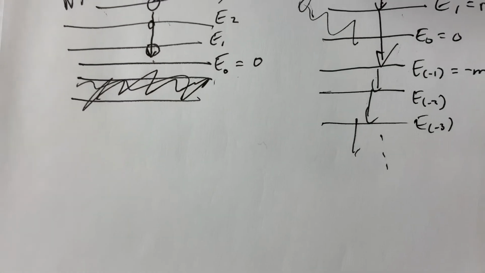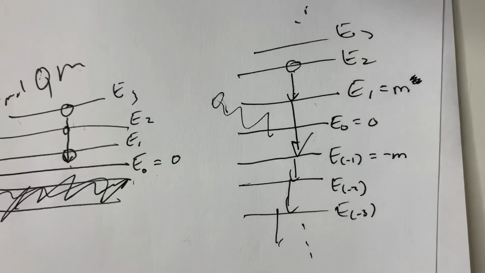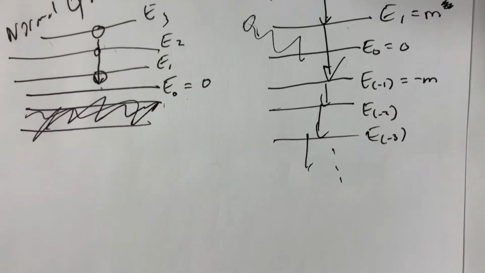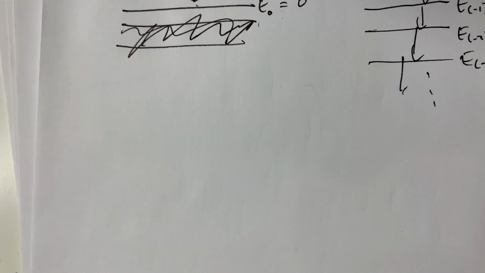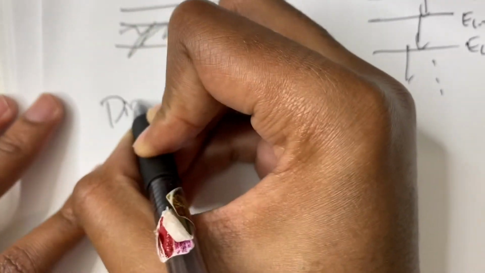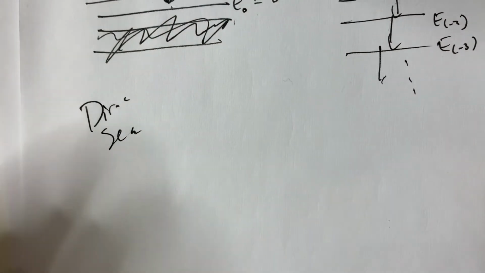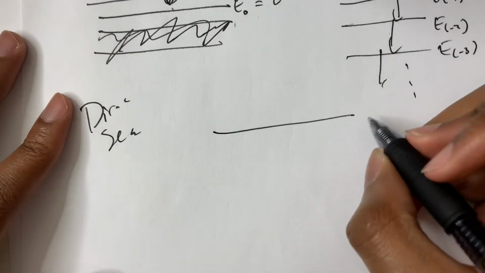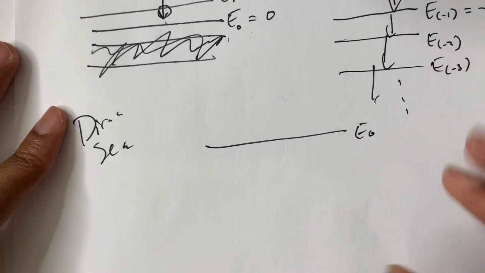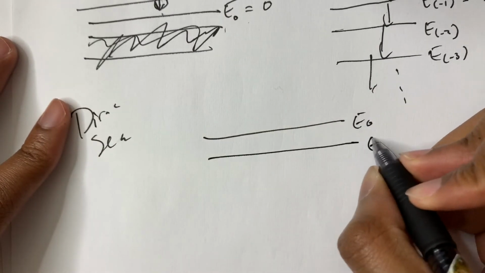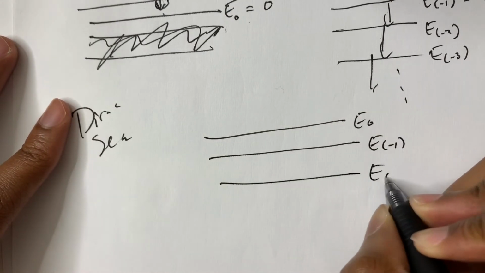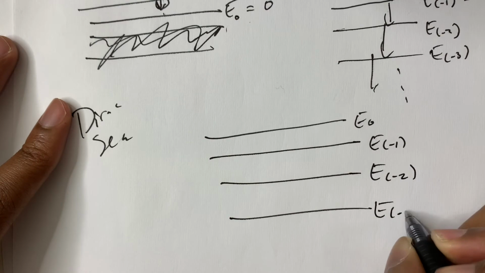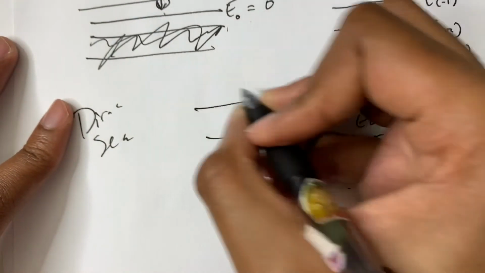Now, Dirac proposed a solution to this problem called the Dirac sea. So he was like, okay, let's solve this. We have E naught, E minus 1, and then you have the upper energies, right?